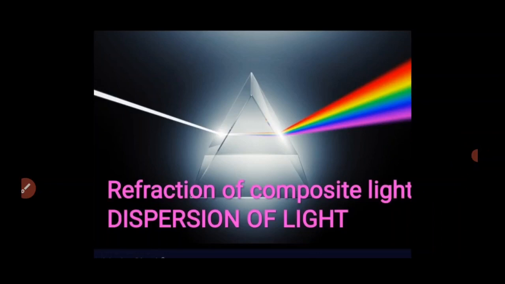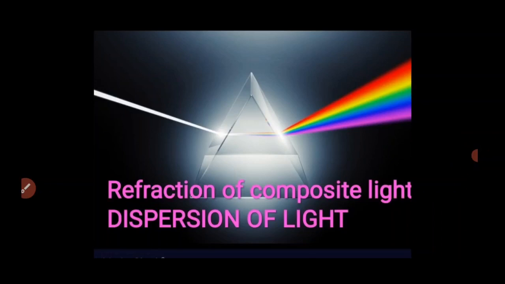If a source of light produces light of a single color, see in this picture, left side, the visible light which is single colored is known as a monochromatic source or monochromatic light. On the other hand, a composite source of light produces white light, which contains light of different colors.